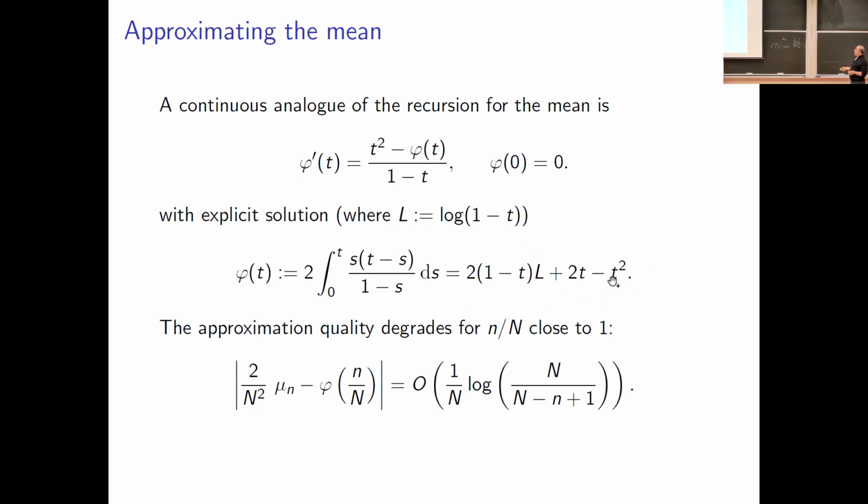And if you view this solution to the differential equation as an approximation to the mean number of vertices, then the quality of approximation is 1 over n uniformly everywhere, except the last piece. The last piece is always a trouble. Scaling the whole time from 0 to 1, you have everything smooth and nice away from 1, but near 1 this singularity makes some trouble.